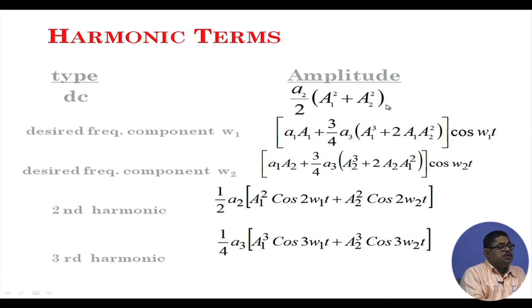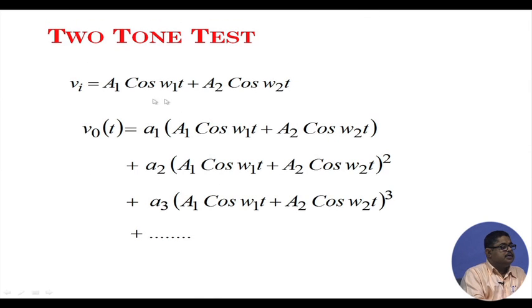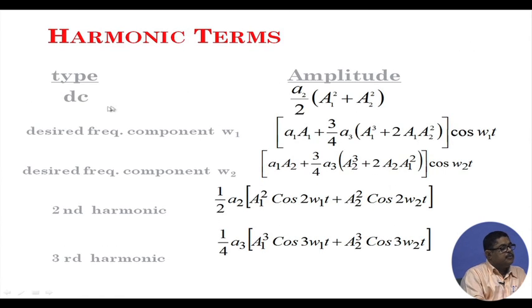In the input there was no DC component, but with the non-linearity, this DC has come. Then the desired frequency component omega 1 is this, omega 2's component is this, the second harmonic 2 omega 1 is this, then the third harmonic is this, etc.